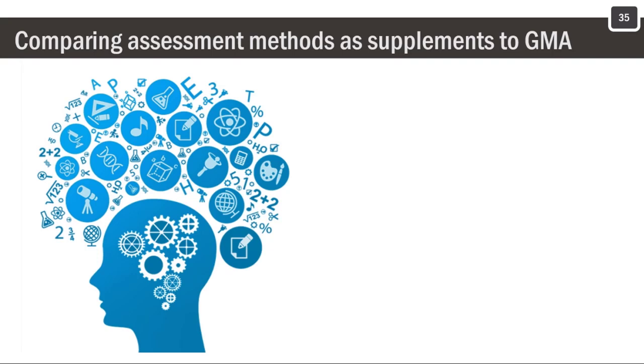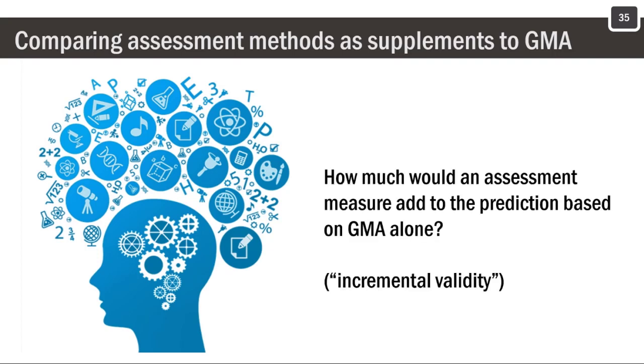That is, in the case of each of the other measures, we can ask, when we use it in combination with a GMA measure, how much can this assessment method increase predictive validity over and above the validity that can be obtained by using just GMA. This is called incremental validity.